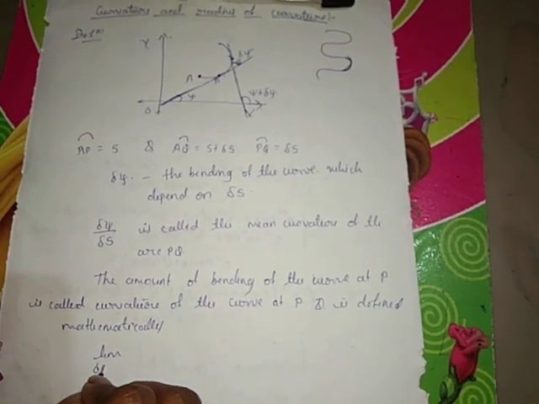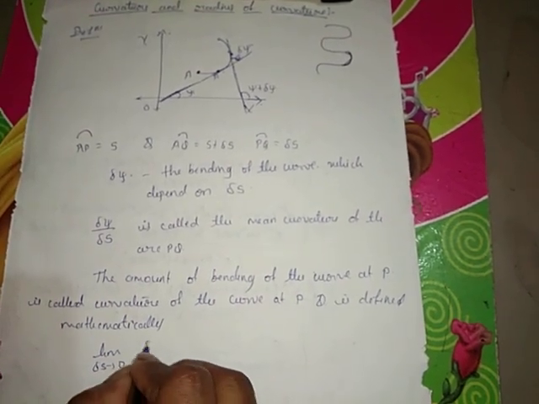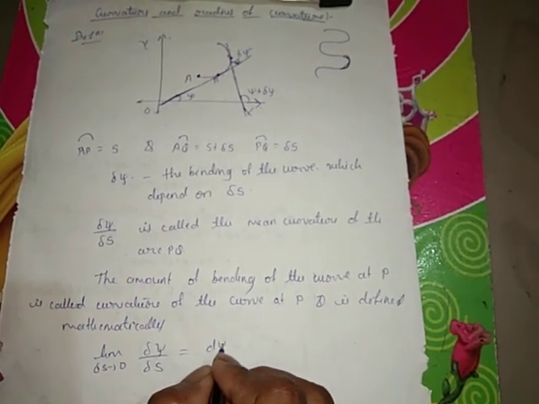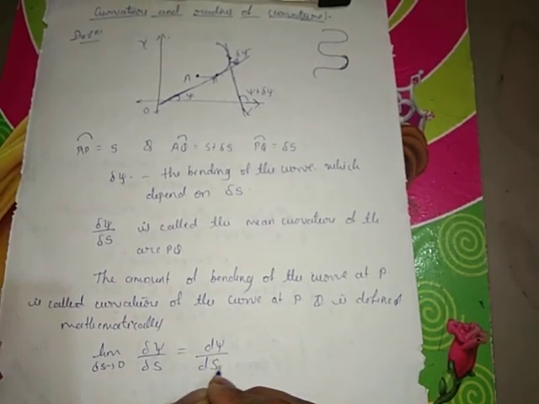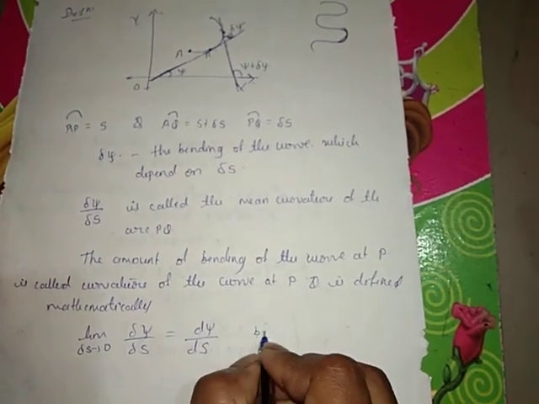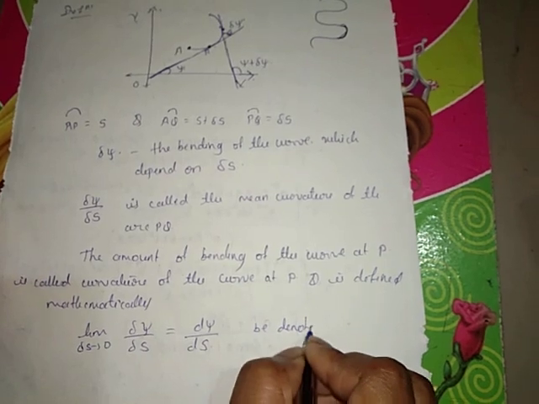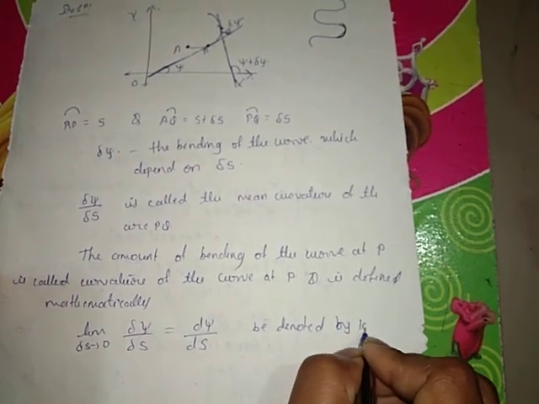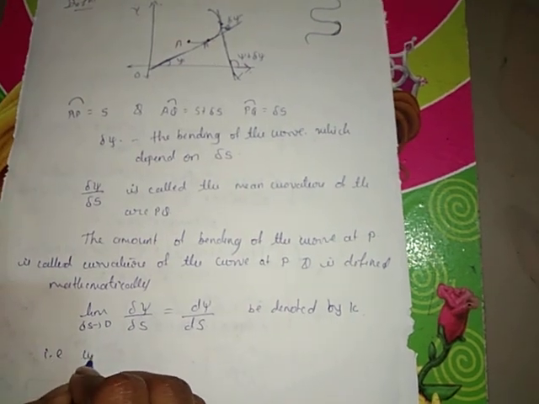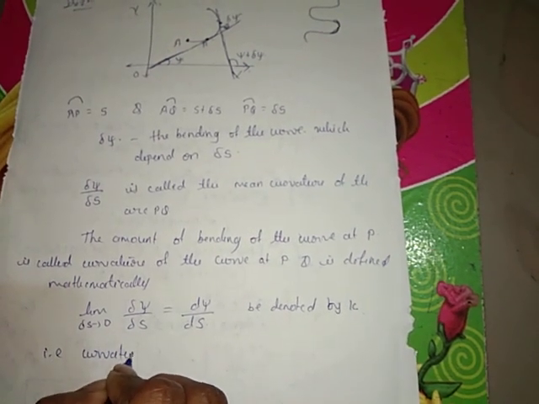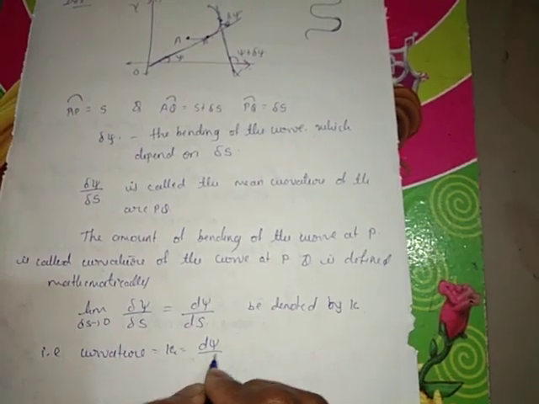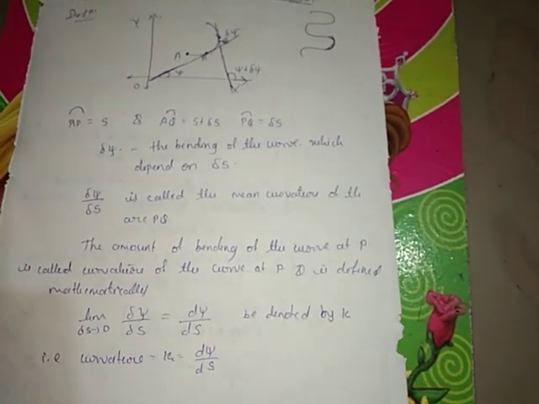the limit as delta s tends to 0 of delta xi divided by delta s, which equals d xi by ds. It will be denoted by k. So curvature k equals d xi by ds.